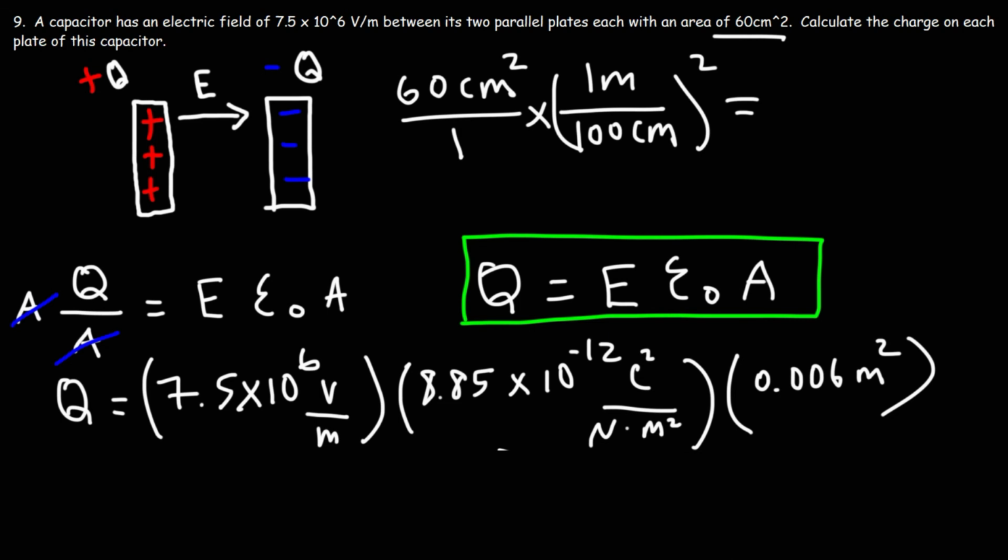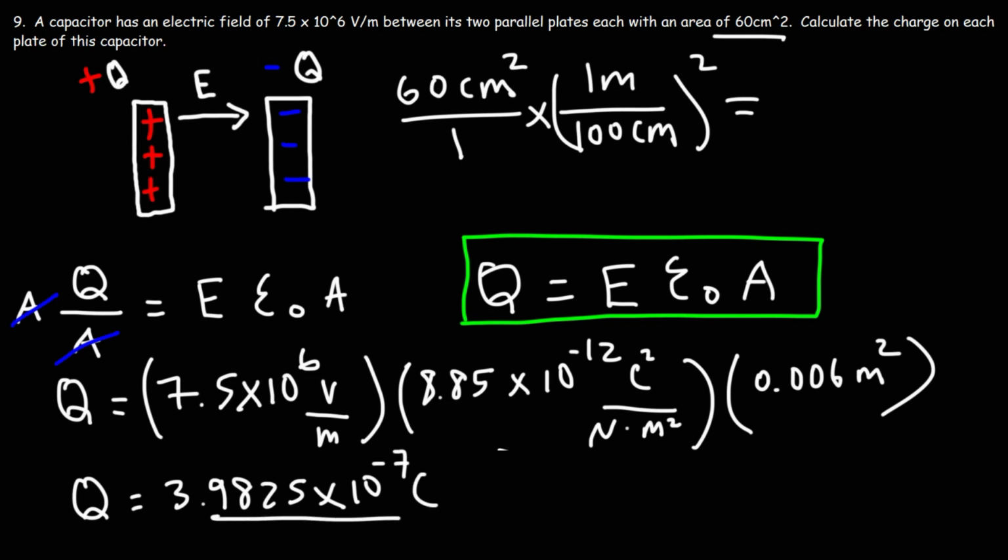So 7.5 times 10 to the 6 times 8.85 times 10 to the negative 12 times 0.006. So the charge is 3.9825 times 10 to the negative 7 coulombs.